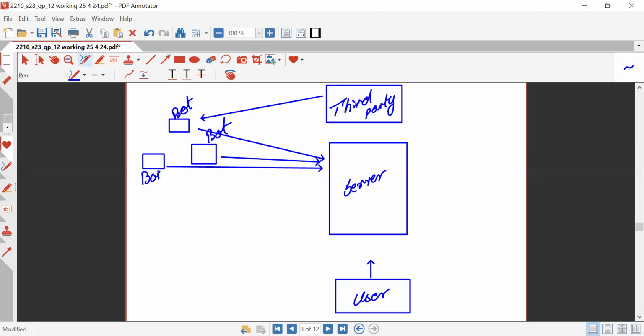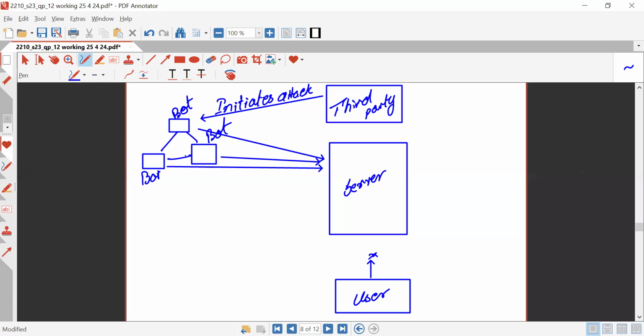Okay, so what is actually happening? The third party initiates the attack. Once the attack has been initiated, the bots are actually linked with each other.